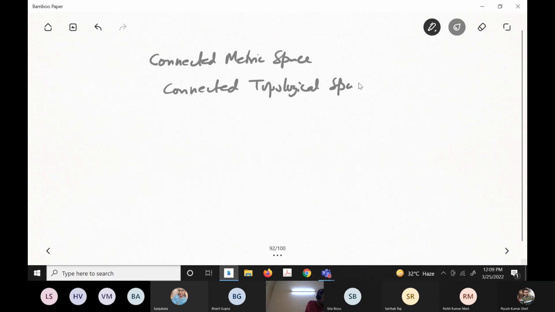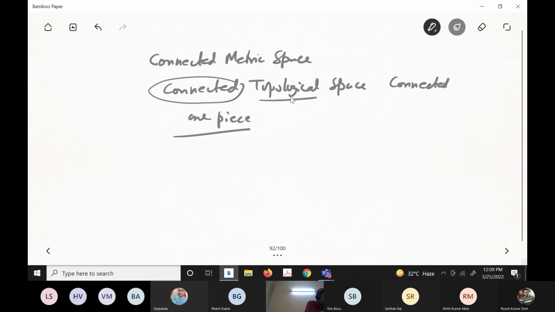So whatever motivation I gave last semester is valid here. Connectedness intuitively means one piece as a space. We often say connected space; we don't need to mention topological. Connected space means connected topological space. One space, basically. So the definition will be the same thing.